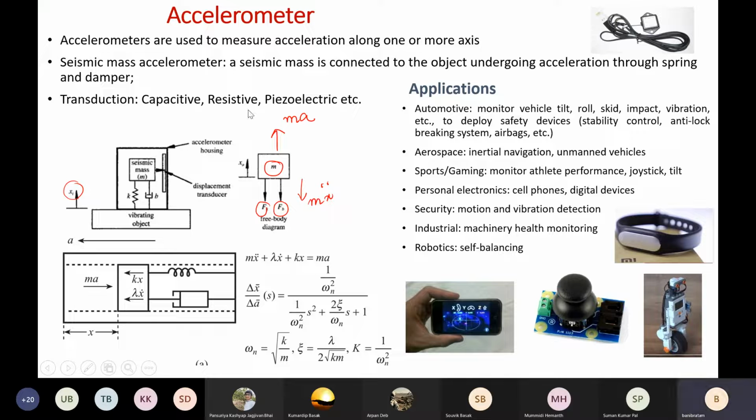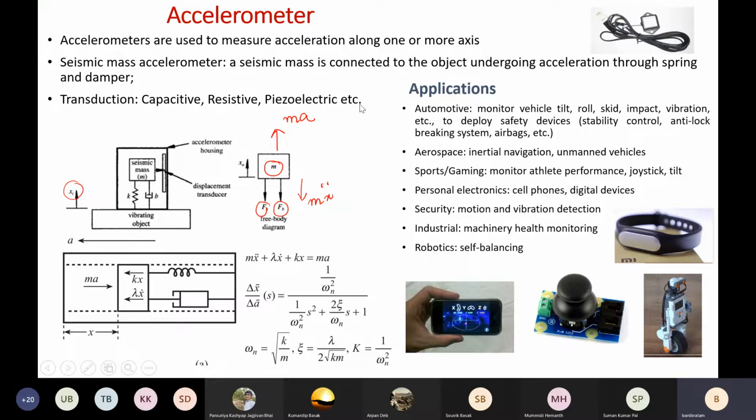Now, as I said, apart from this RLC, we also have another type of material called the piezoelectric material. What type of property does it give? When the piezoelectric material is exposed to some vibration, it will produce an electrical output. So in this accelerometer system, if you incorporate a piezoelectric crystal, then from the piezoelectric crystal you can directly get the electrical output as well.